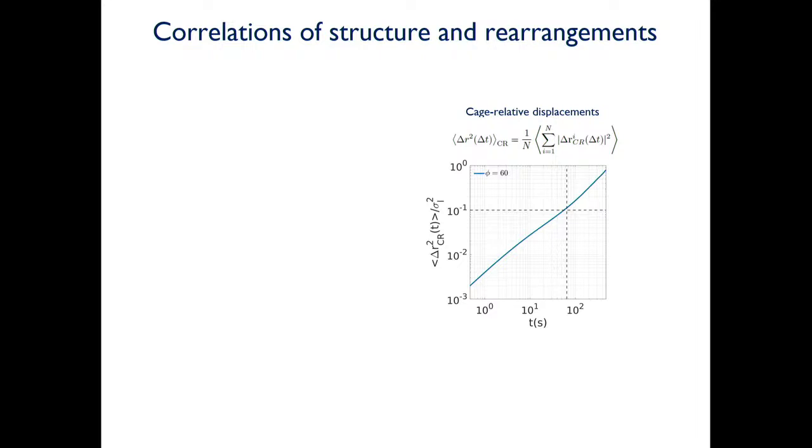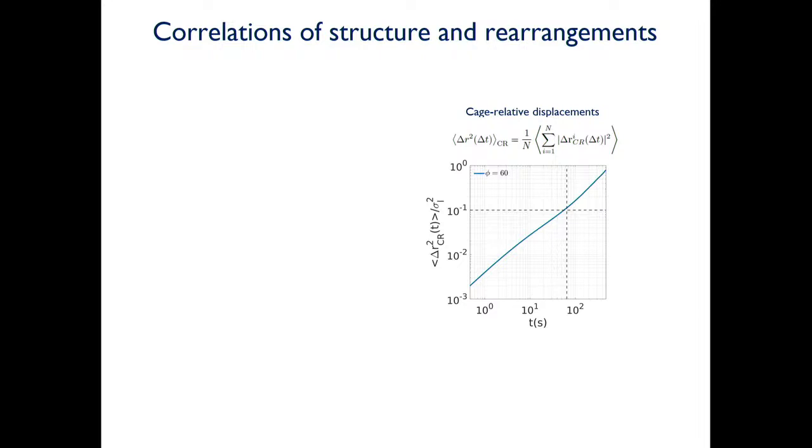At small time scales, you see that there is this caged motion. This is at the dilute 0.6, I would say. So this is the most dilute system that we have. There is a small subdiffusive regime, and then if you wait for a longer time, there is once again a slope of 1 that is coming here.